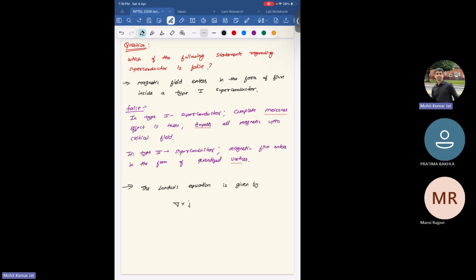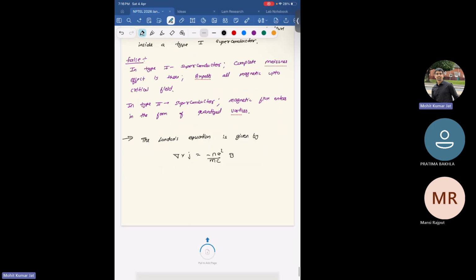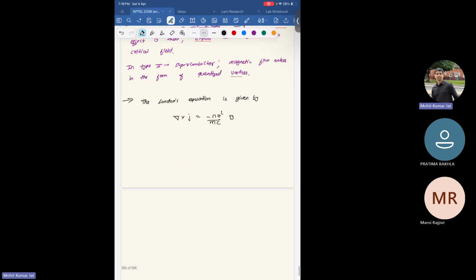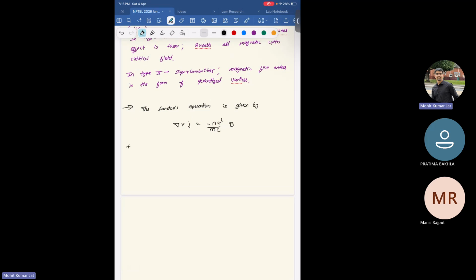Of course, current density J is equal to minus n e square by mc times the magnetic field B. This you would have seen in the class. The form might have been slightly different. The London equation is actually curl of J is equal to minus n e square B by mc.